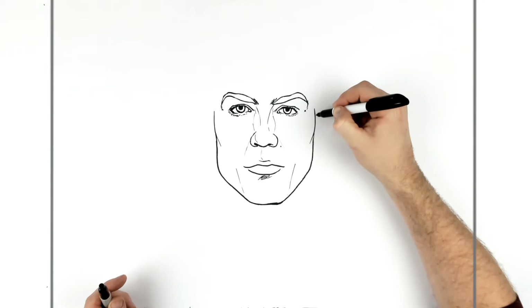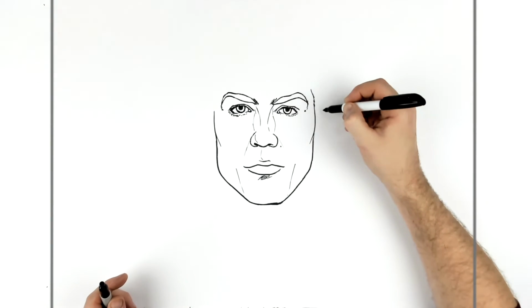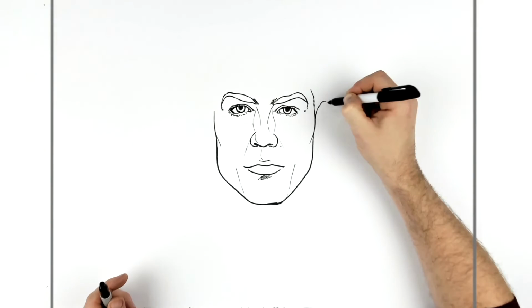Okay, so then here we have his ears and his sideburn, right? So we've got ears coming out here.